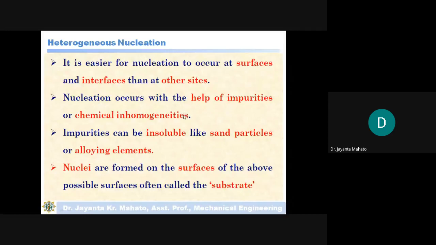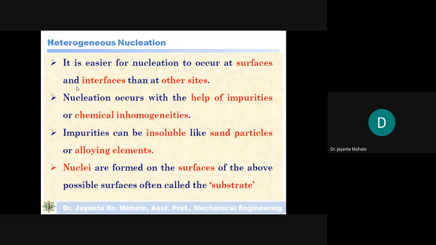Because at the surfaces, the solidification rate or cooling rate is faster and it is not uniform. But within the cast material, the solidification rate is constant. So at the surfaces, heterogeneous nucleation occurs.